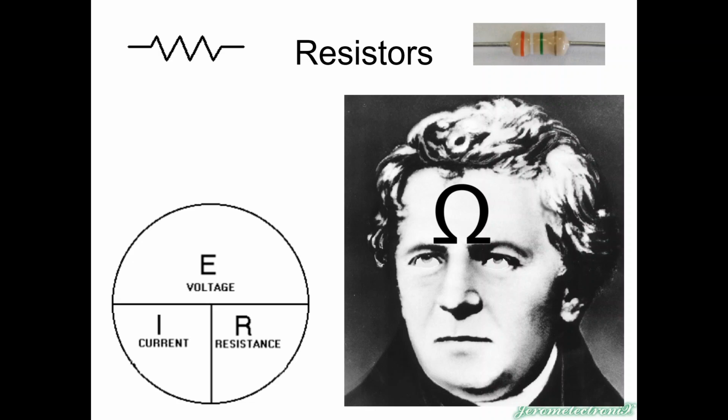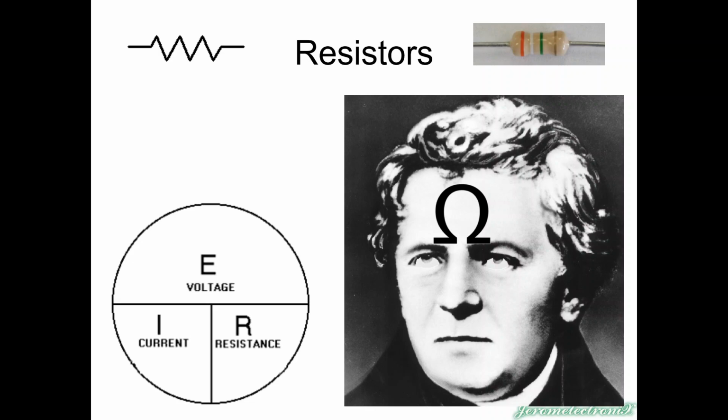So basically what we're doing is using this. We'll talk more about this later on, but it basically talks about the relationships between voltage, current, and resistance. Now, before this point, people generally knew what voltage was. They generally knew what current was.